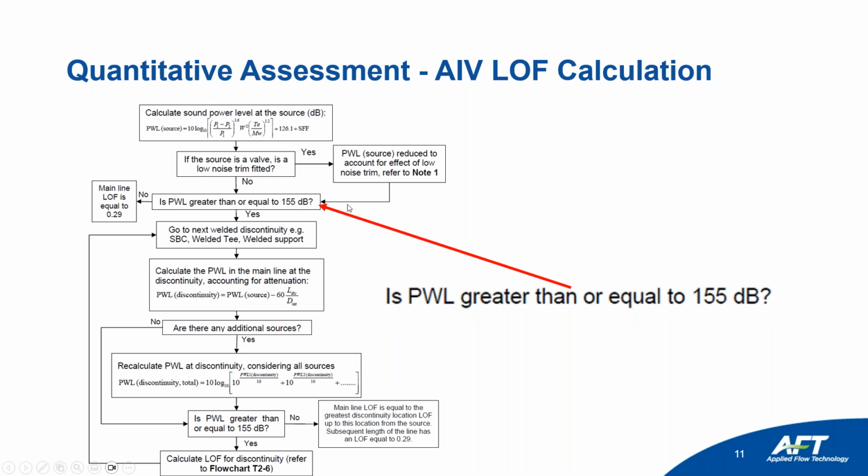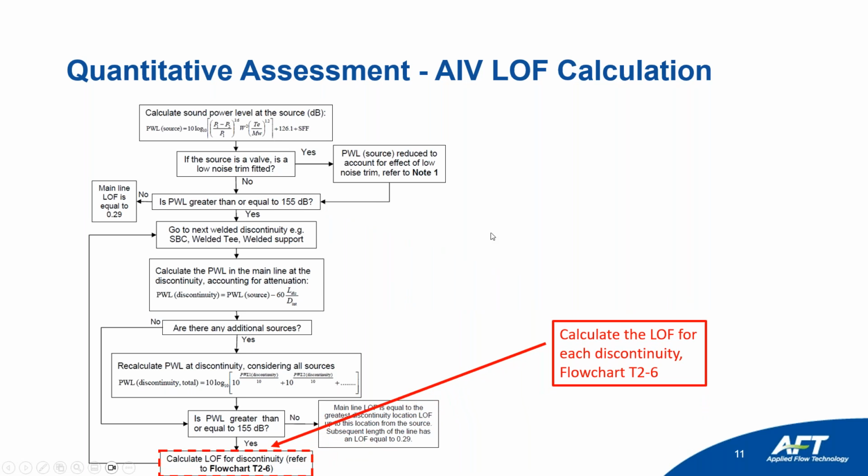In case no, the LOF will be equal to 0.29. And in case yes, we continue calculating the LOF. We calculate it for each discontinuity, and it applies to a flow chart that will be shown now.